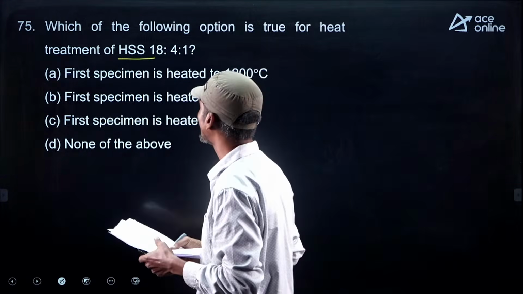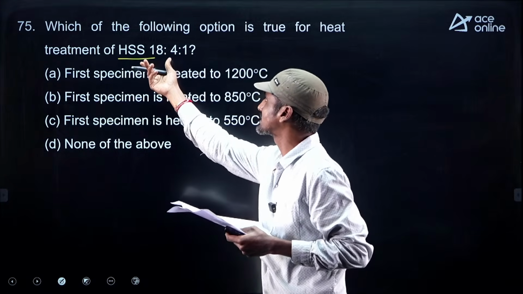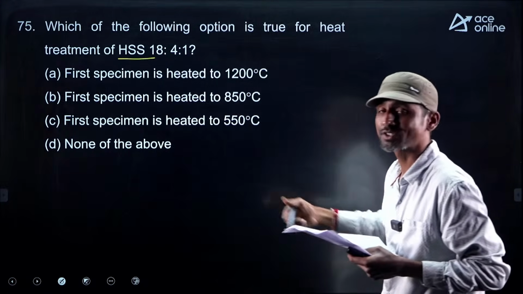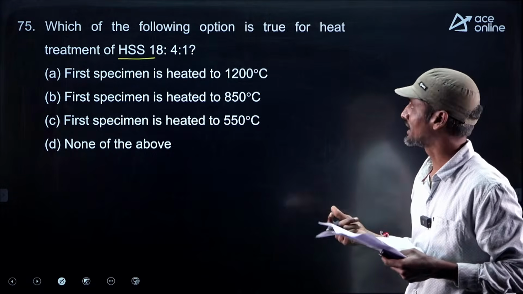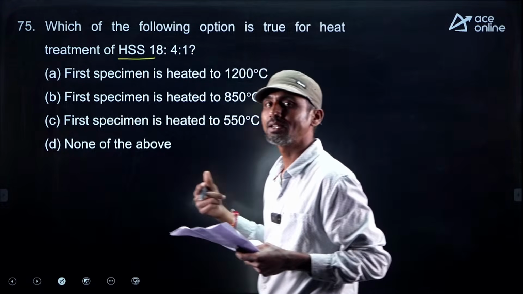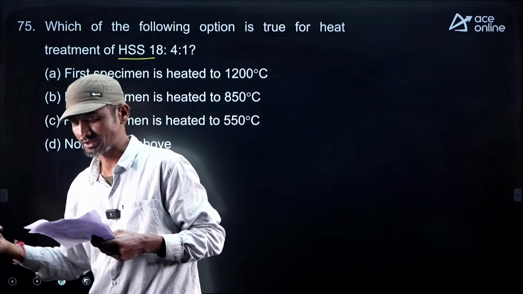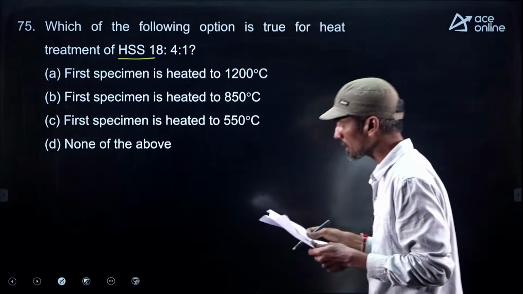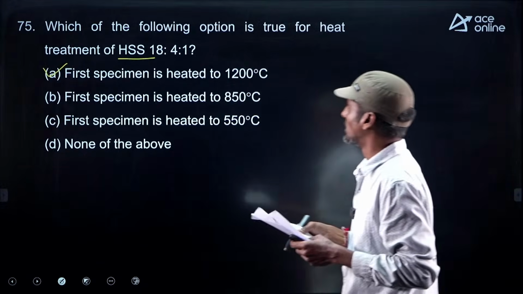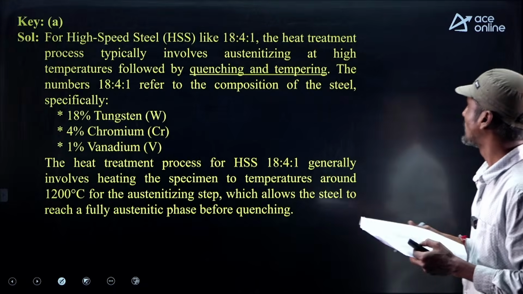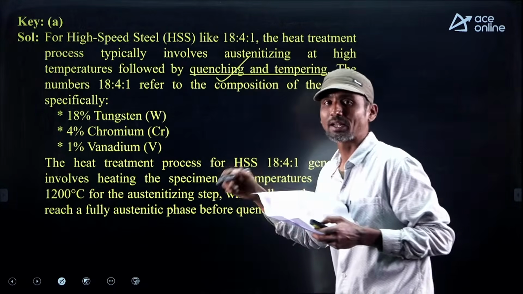The heat treatment for HSS starts with the austenizing stage, which is around 1200 degrees centigrade. After that, it is followed by the quenching process. So option A is the correct one. After quenching, the tempering process takes place.